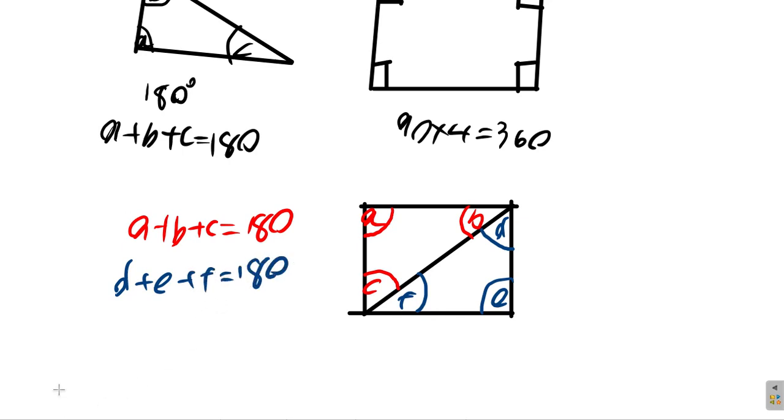So if you consider A plus C plus F plus E plus B plus D, they would all add up to 180 plus 180, which would be 360.